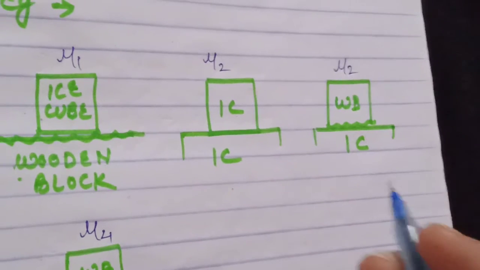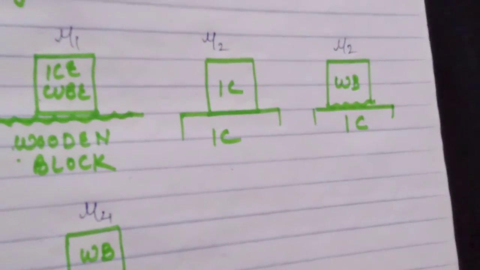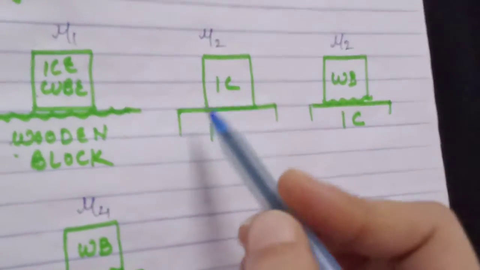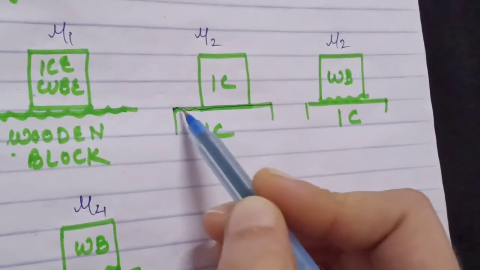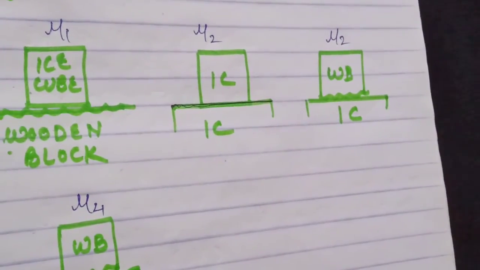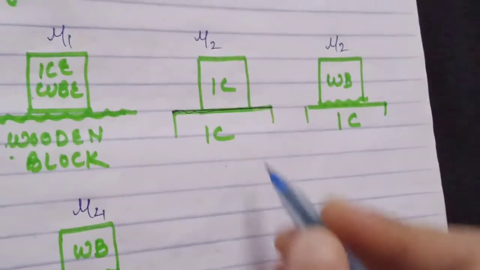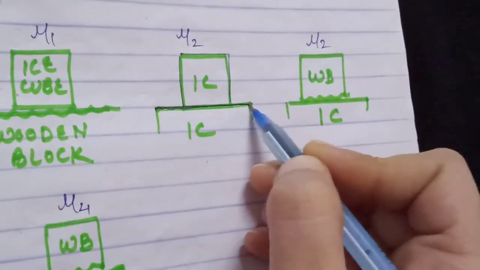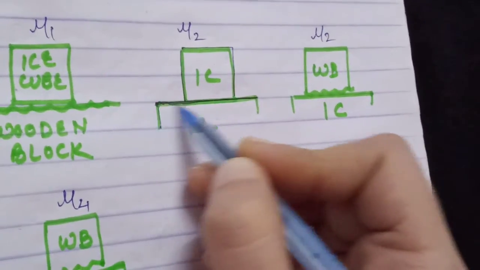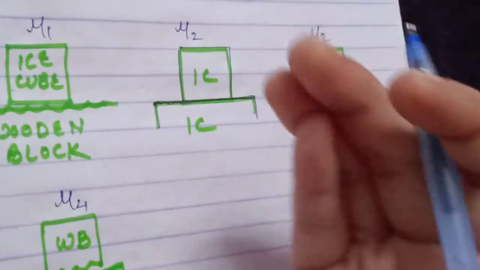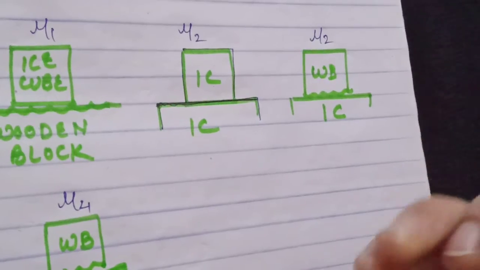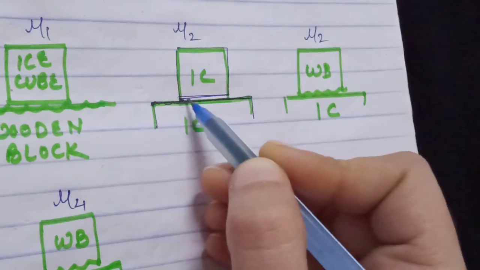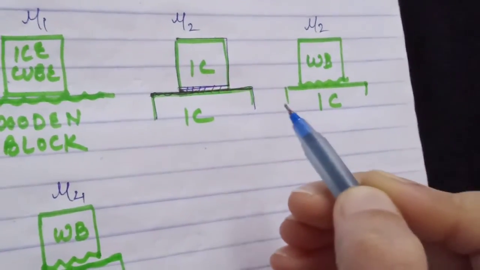The ice cube has a high finishing and the other ice cube also has a high finishing, so between these two ice cubes bonds are formed.